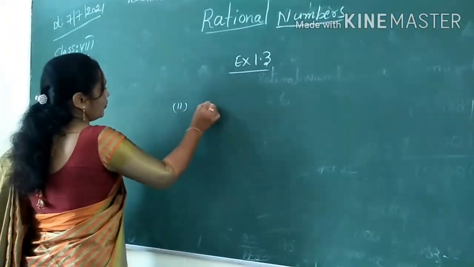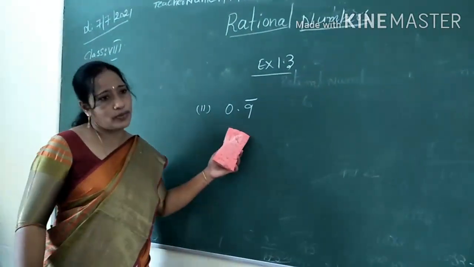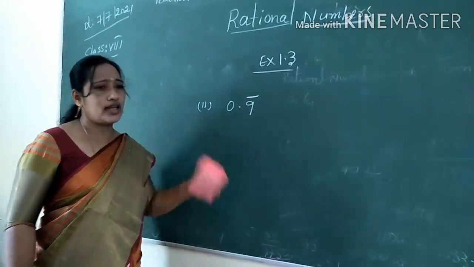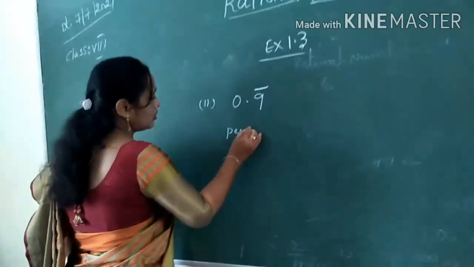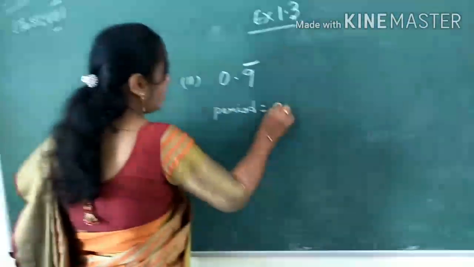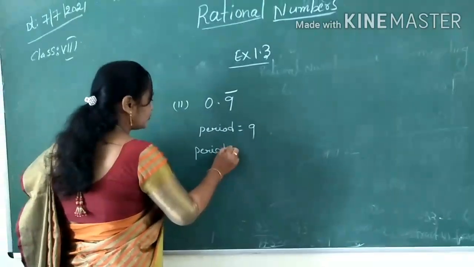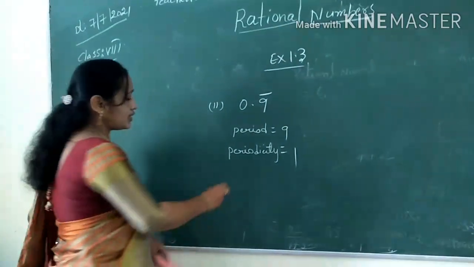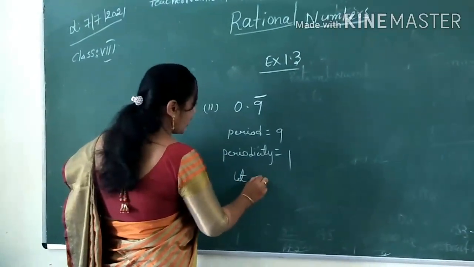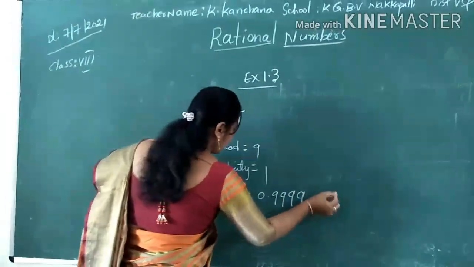Second question, 0.9 bar. How many digits are repeated here? Only one. The period is 9 and the periodicity is 1. Let us take x equal to 0.9999.